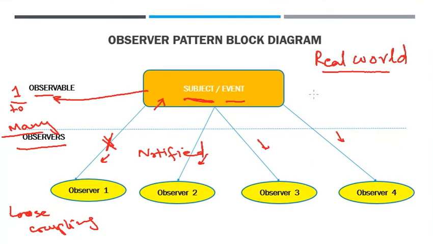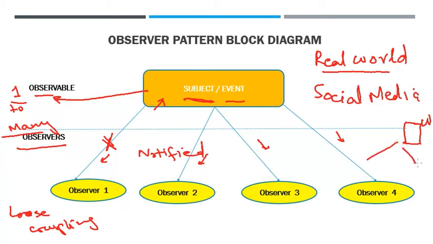So in the real world, what examples do we have for the observer pattern? One of the most common examples is our social media platforms, which almost all of us use daily. In social media platforms, you have, let's say, one user, called user one, and all the other users, u2, u3, u4, can follow this user one.